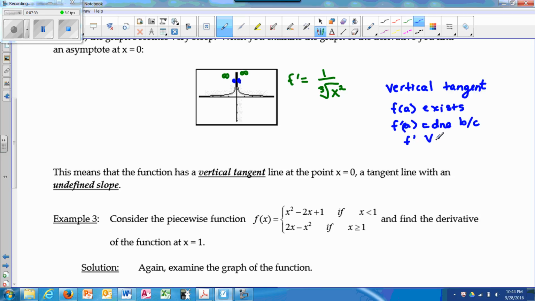It's a little tricky. So when the derivative has a vertical asymptote, the original graph has a vertical tangent. When the original graph has a vertical asymptote, there's no f of a.